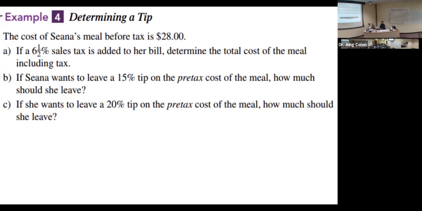Okay, solve these three problems and I will randomly call your name and you need to come up and show me your work. I will walk around and if you need any help or anything to talk with me, grab me. Okay?